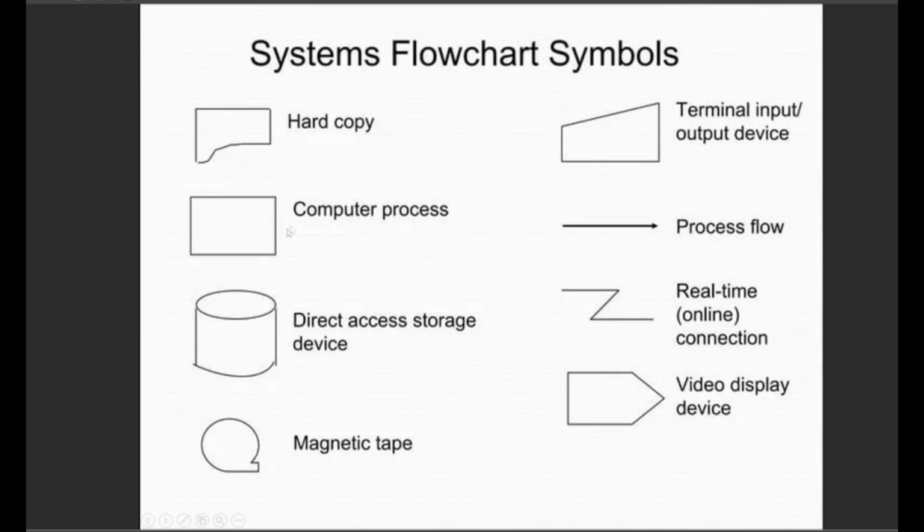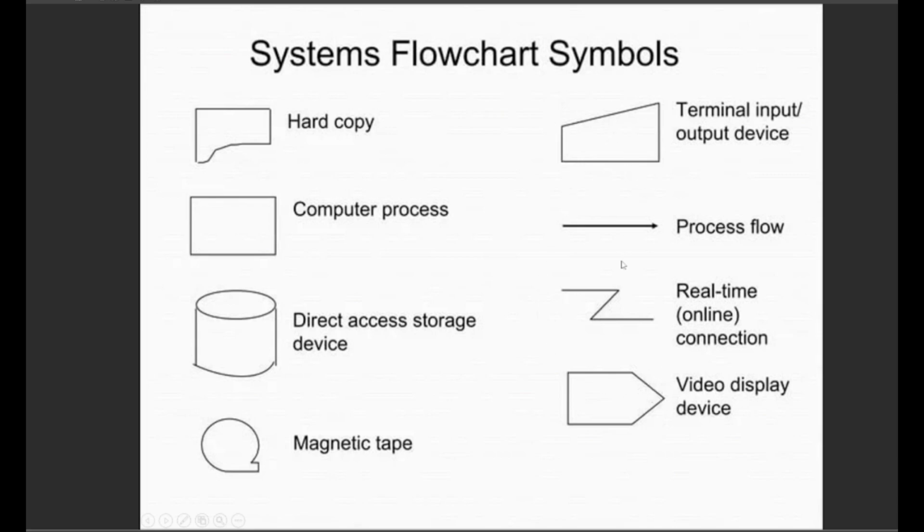Okay, the computer process is illustrated as a rectangle, the storage is illustrated as a cylinder, and then the magnetic tape is like a callout, a circle with a rectangular side edge. Okay, then the terminal, the input or output device, might be a screen or so on. Okay, but sometimes it is illustrated using this symbol here.